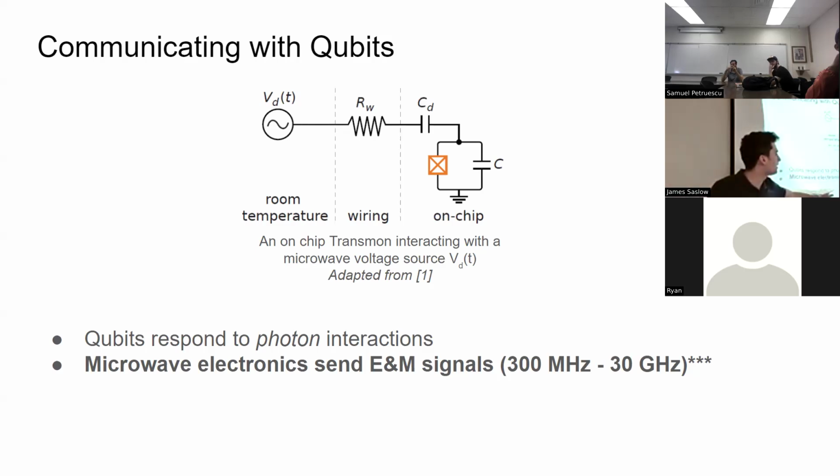Microwave electronics send E&M signals, electromagnetic signals, through the 300 megahertz to 30 gigahertz range. And this is the microwave electronics schematic with your AC voltage source leading all the way down to your qubit. This diagram is your qubit that says on chip.